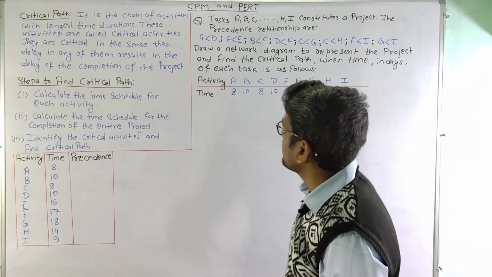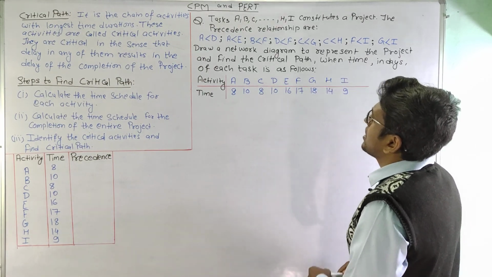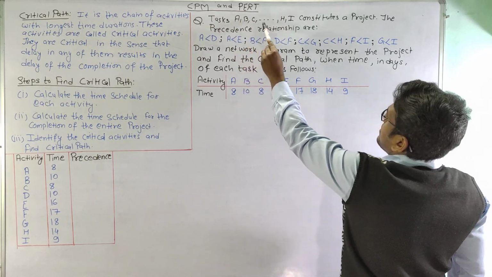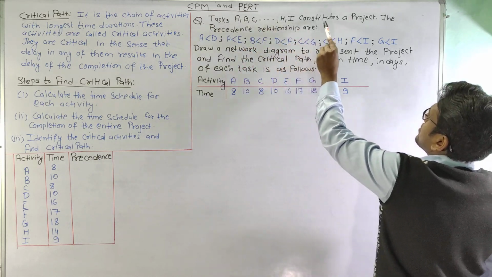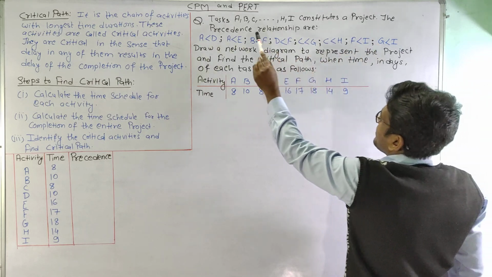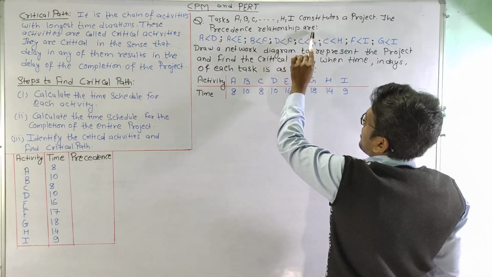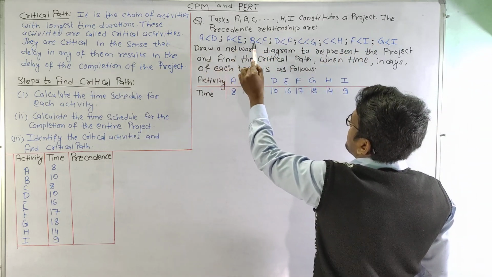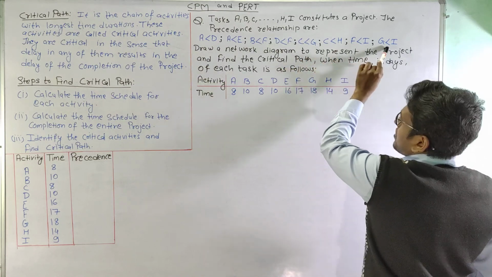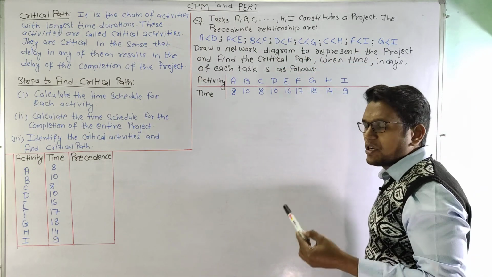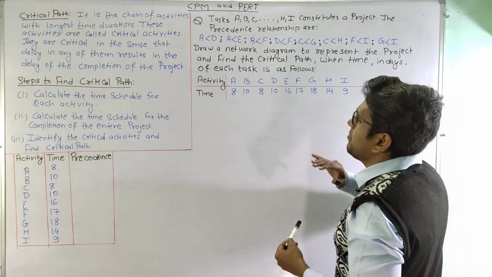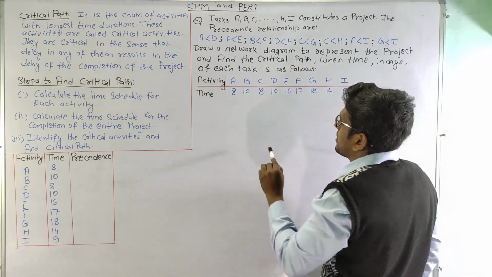So let us see what our question says. Tasks A, B, C, D up to I constitute a project. The precedence relationship has been given in this form, and we first need to convert it into tabular form to draw the network diagram.